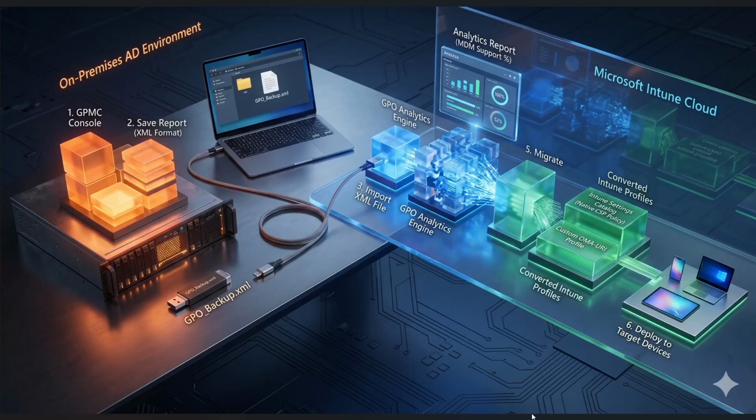But as we are moving towards modern management, legacy GPOs have some disadvantages. They require a direct line of sight to a domain controller, and they operate on a fire and forget model.